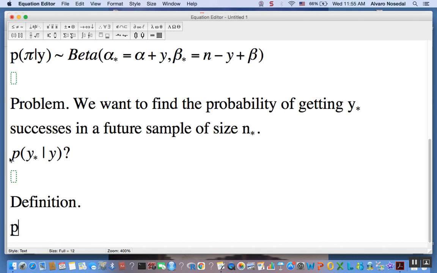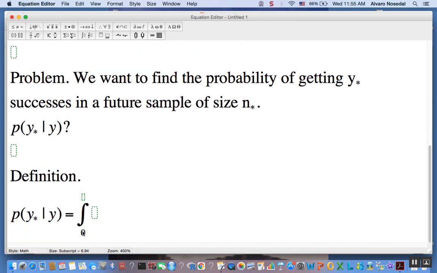So it goes like this. In this particular case, the case of a proportion, it will be given by the following integral, the integral from 0 to 1. As I was saying, the probability of y star given y is going to be given by the integral from 0 to 1 of the probability of seeing y star given pi, times the posterior distribution, and we are integrating with respect to pi.